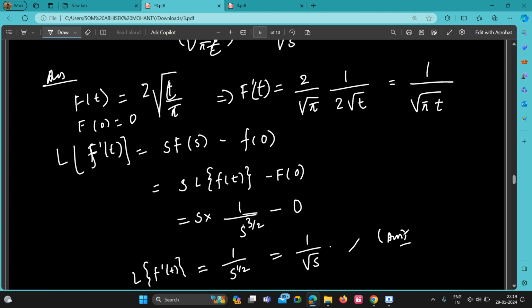Next formula, write down. Laplace transform of the integral of f of t.